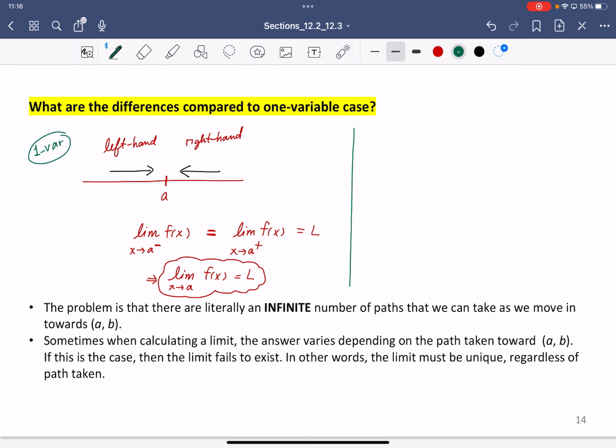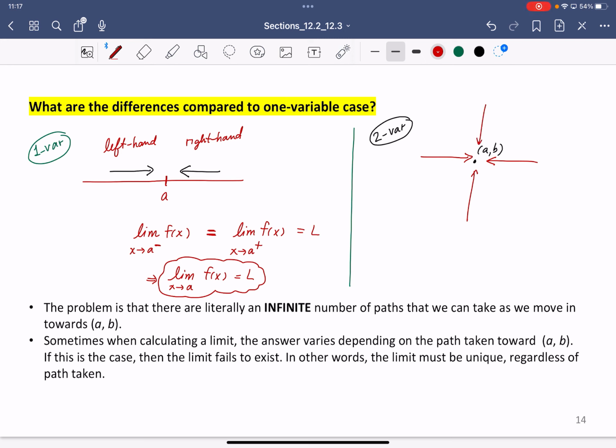In two dimensions, what is different? The difference is, if you have the point (A, B), you can have so many lines that go to (A, B) here. You can have this line, this line, this line.